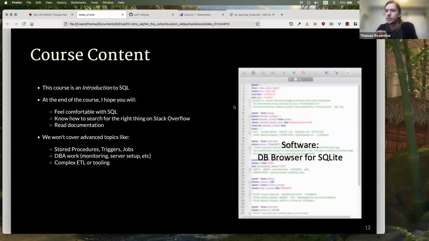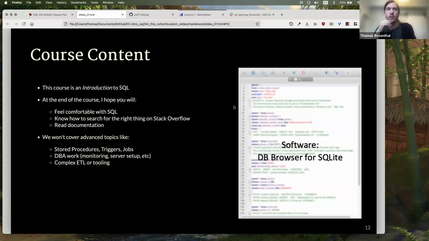This course is an introduction to SQL. At the end of the course, I hope that you'll feel comfortable writing SQL code, that you'll know how to search for the right things on Stack Overflow, that you know how to read some documentation, you know what questions to form. If you're familiar with SQL, we won't cover these more advanced topics: stored procedures, triggers, jobs.